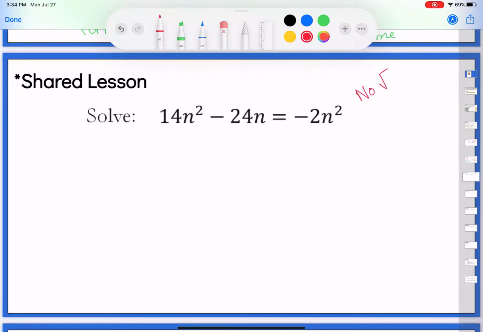Notice I'm using parentheses here and keeping all those negatives in so I can double check my work, plus or minus the square root of b squared, b is negative 7 again, minus 4 times a, which is 5, times c, which is negative 19, all divided by 2a, which is 5.